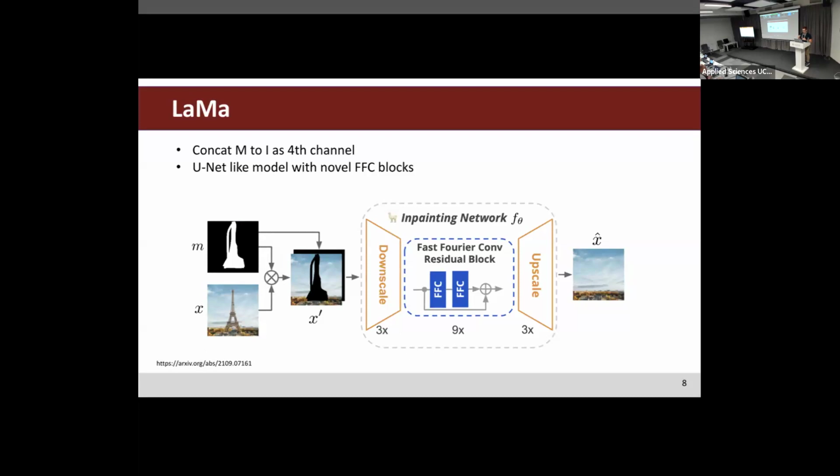Then it's fed to downscale layers, which is the encoder in other words. Then we have refiner blocks, which work in this latent representation to refine these features. And then we have upscale layers or the decoder, which decodes this representation back to image space.